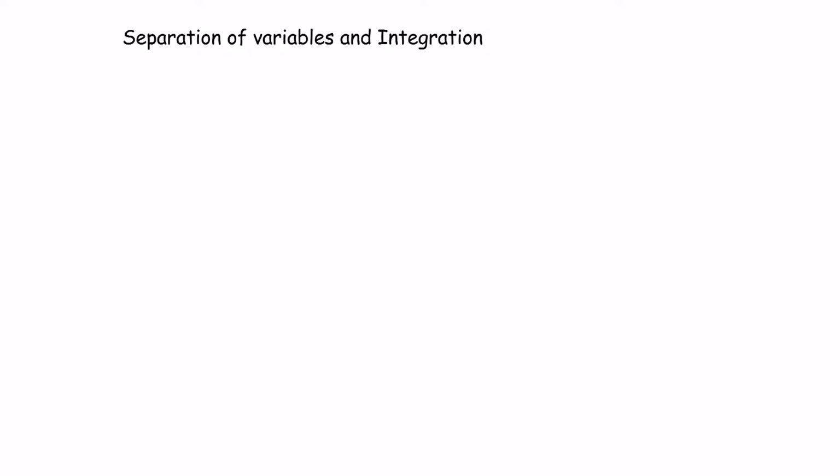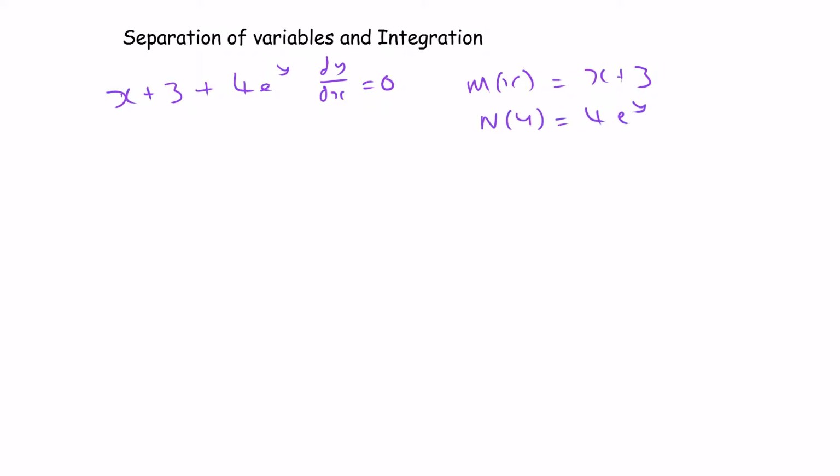So let's have a look at an example. Say we have the differential equation (x + 3) + 4e^y dy/dx = 0. So here our m(x) is going to be x + 3 and n(y) is going to be 4e^y.